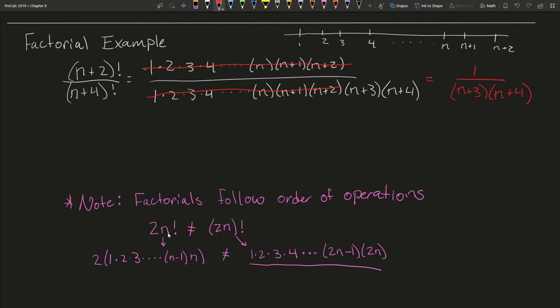So if it's only by one thing, it only modifies that one thing. If it's modifying some things in parentheses, then it's modifying just those things in parentheses. I'm not too worried, I just want you to know that. We'll go over that again a little more in depth later. But it follows order of operations, the same as exponents.